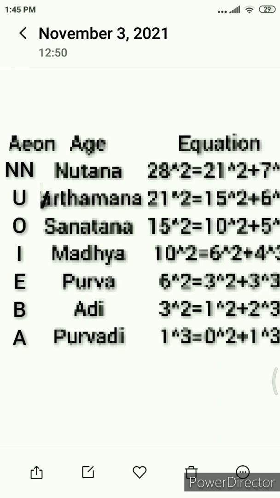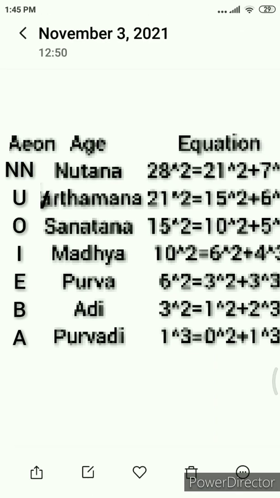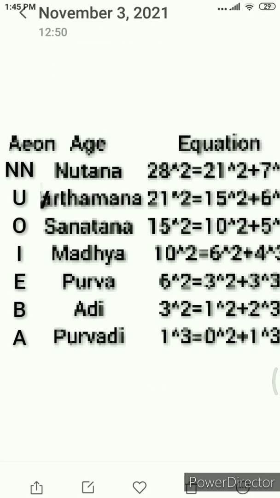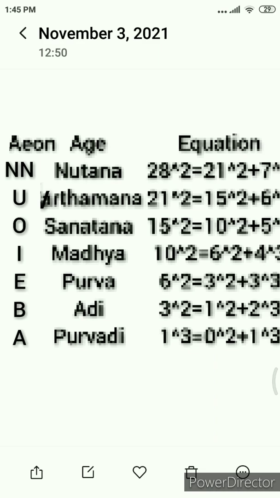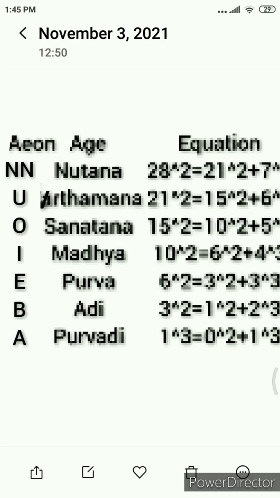You may still be wondering about this B and NN. What is B and what is NN? And why is B missing from the vowels, the English alphabet vowels? In English, the vowels are A, E, I, O, U. Neither B nor NN are there in the English letters.